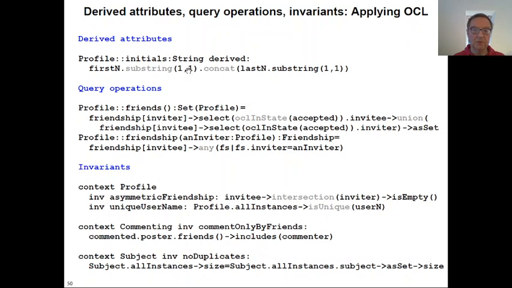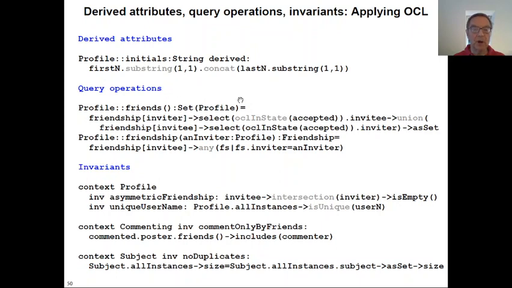So we want to consider here exactly the first letter of the string. And we concatenate the first letter of the first name with the first letter of the last name, and then we get the initials. So this is the OCL expression that is used in the derived attribute initials.